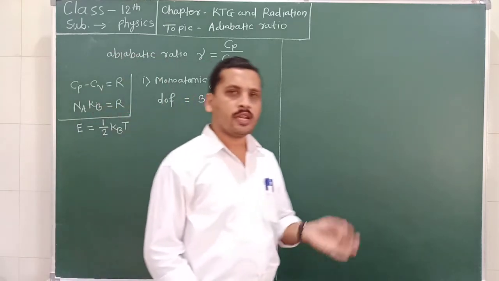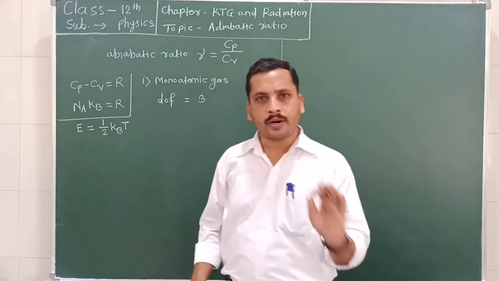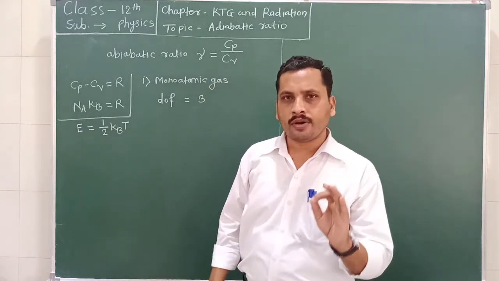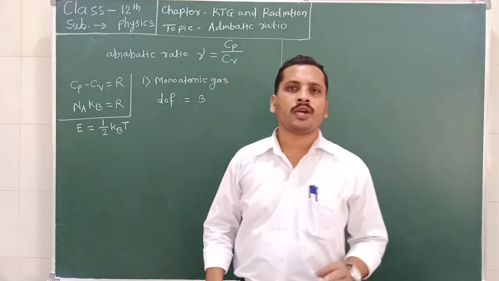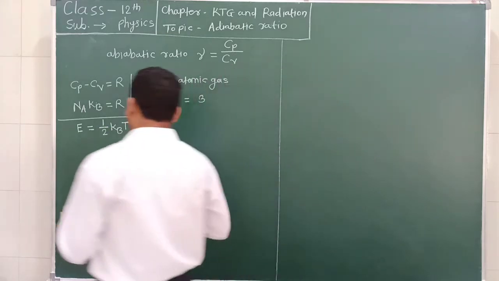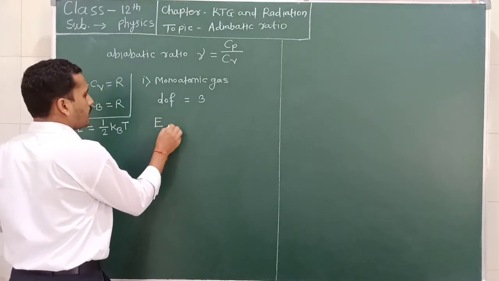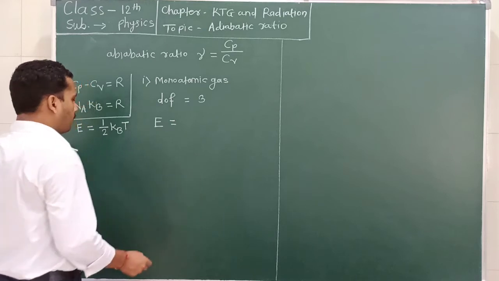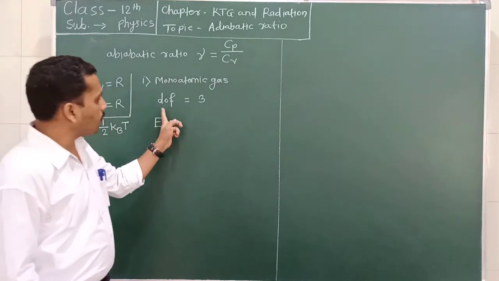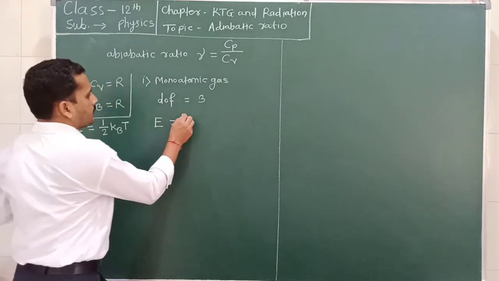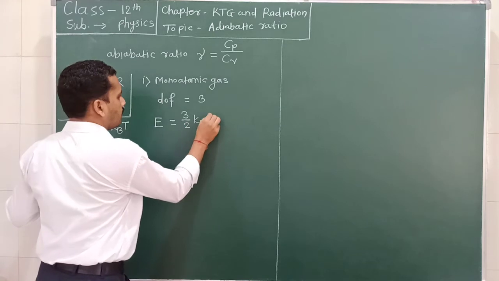But we also know the internal energy per molecule per degree of freedom is equal to 1 by 2 kBT. So we can write here the internal energy E for 1 degree of freedom is equal to 1 by 2 kBT. Therefore for 3 degrees of freedom it is equal to 3 by 2 kBT.